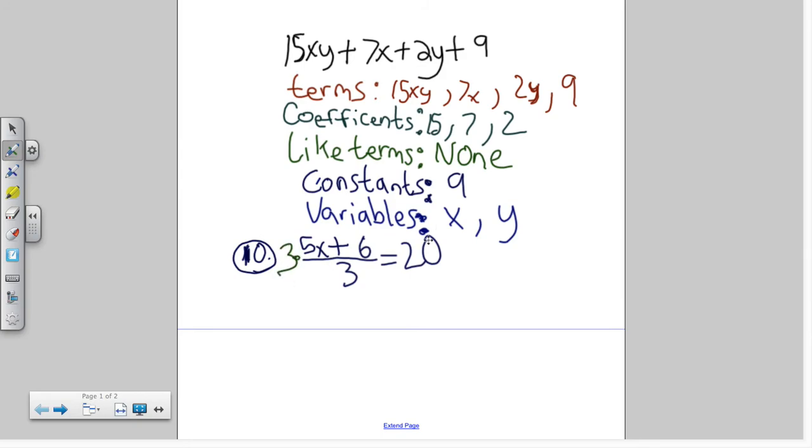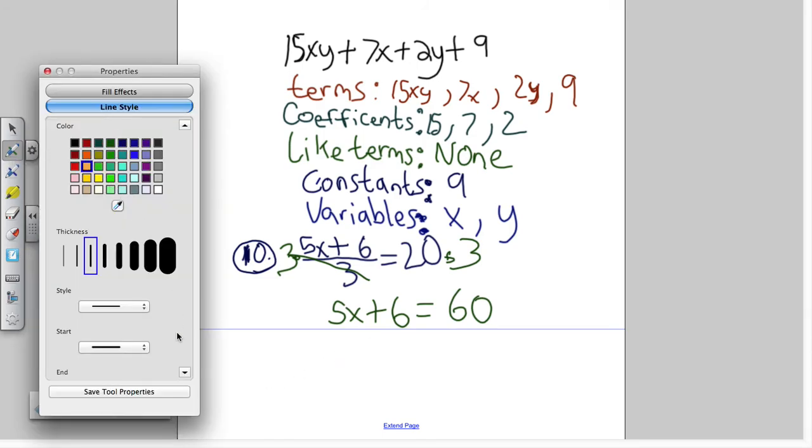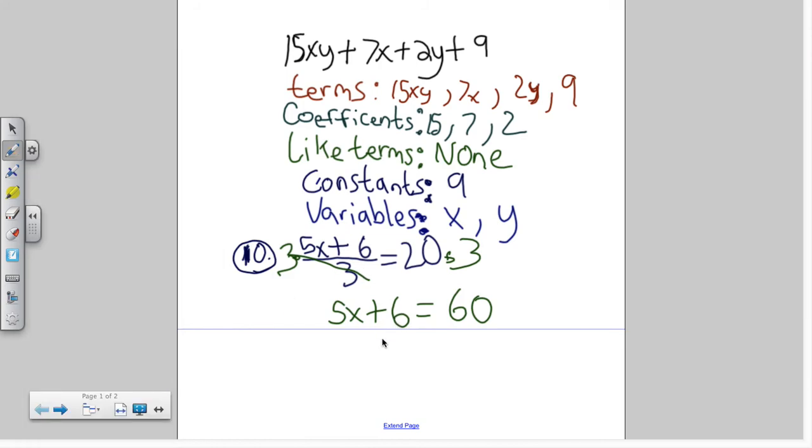well, the inverse of division is multiplication. So I multiply 3 on both sides, which allows me to simplify the 3 divided by 3 to 1. So 5x plus 6 equals 60. Next, I subtract 6 from both sides. Subtract 6.